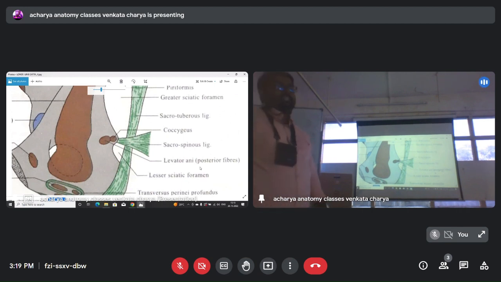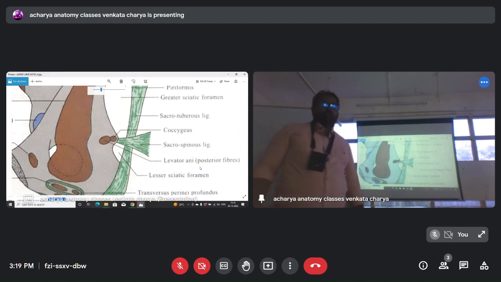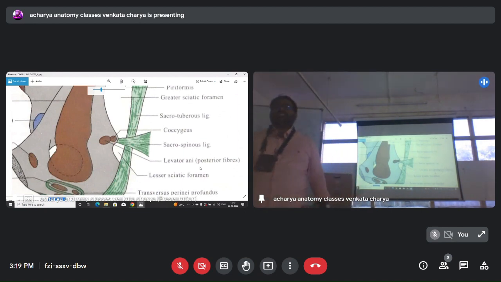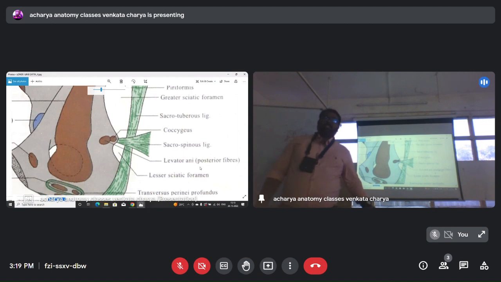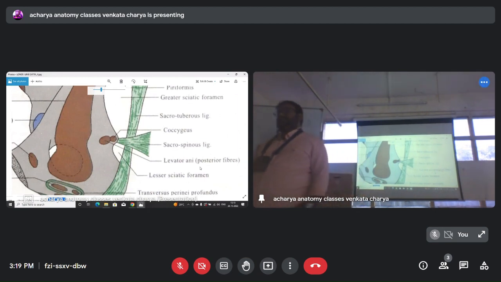Next, in the base, inside, there is the origination of levator ani posterior fibers and coccygeus muscle.